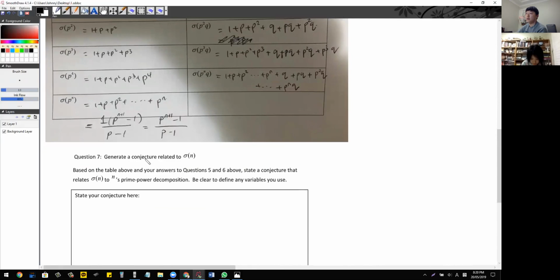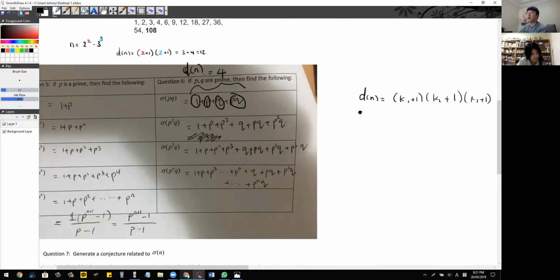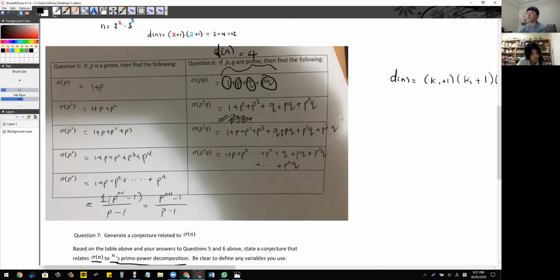Conjecture. Based on the table above, and you answered question 5 and 6, that's right. State a conjecture that relates this one to n's prime power decomposition. Be clear to define any variable. So does it have anything to do with Fermat's theorem? Fermat? I don't know.